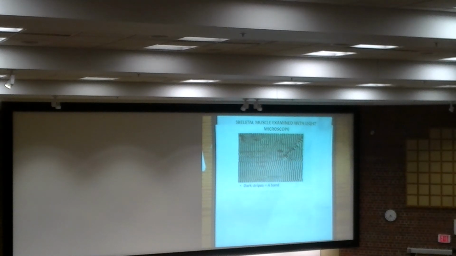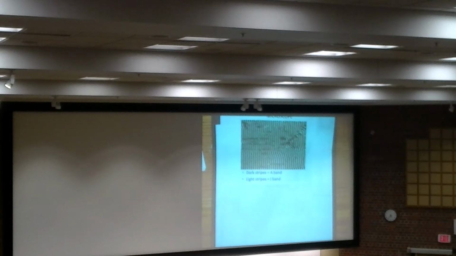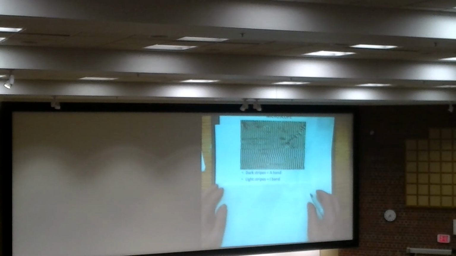You can be even more original and say, well, a real distinct characteristic are these light stripes. And I'm going to call those light stripes I-bands. You're the first one to see those. You get to name whatever you want to name them. I don't know who called them A-bands or I-bands, or why. It's the name they got.